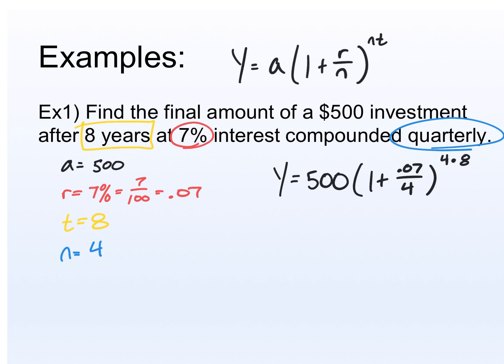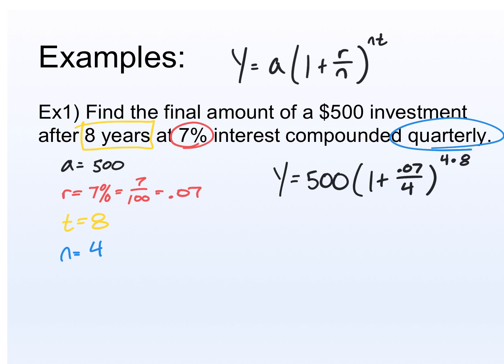So now you've just got to listen to me and remember how we're going to do this. I'm going to start by taking r divided by n, so 0.07 divided by 4. That gets me 0.0175. I'm going to add 1 to that.